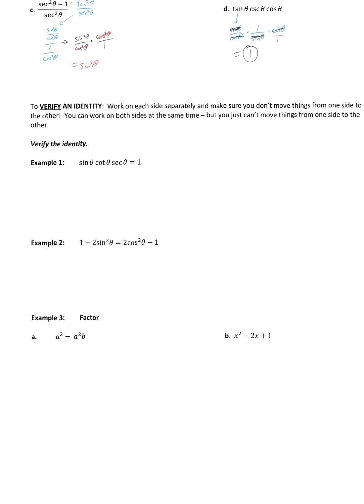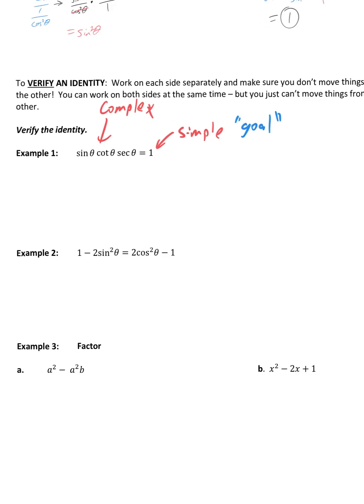Okay, so for example, on example 1, I'm going to say this is the complex side. Okay, and this is the simple side. So I will say that this should be my quote unquote goal. So I'm going to make the left side of this equation become equal to the right side.